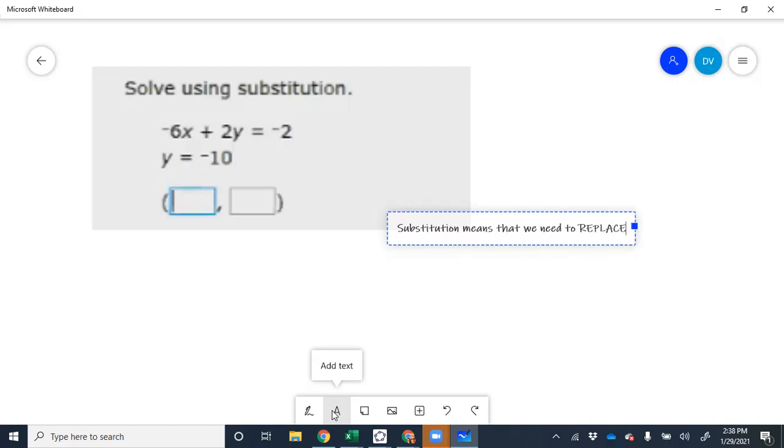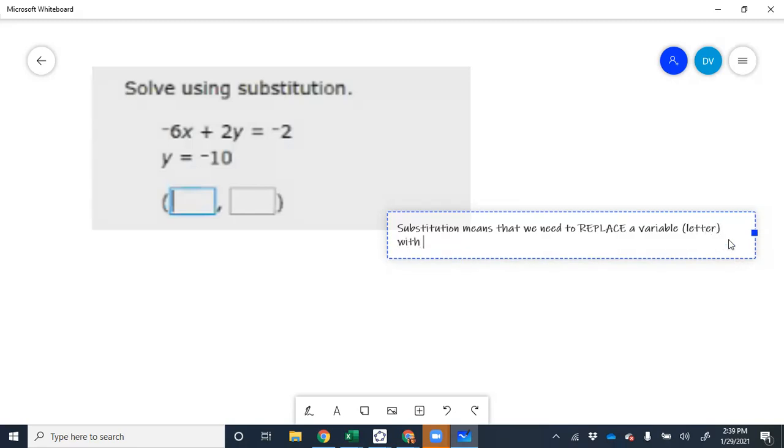Like if I had a substitute teacher, that other person would come in and replace me for a day, right? It means to replace a variable, that means a letter, with something else. Okay, let's move that note up here.